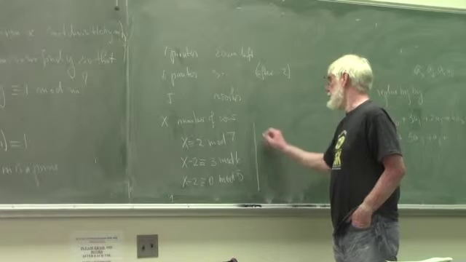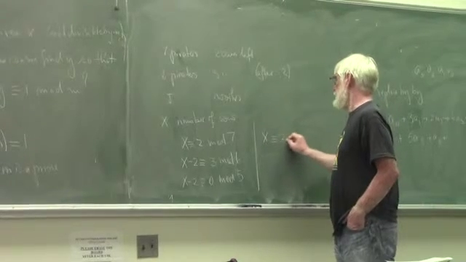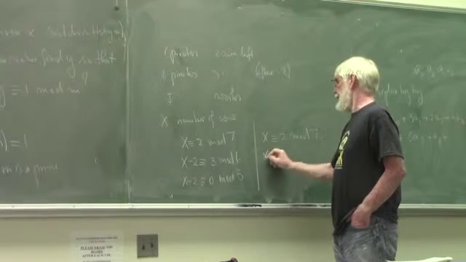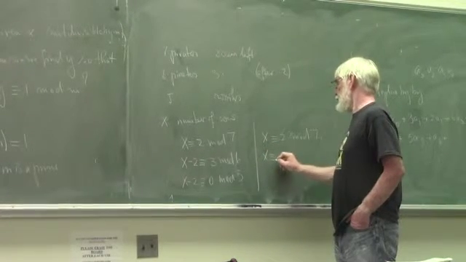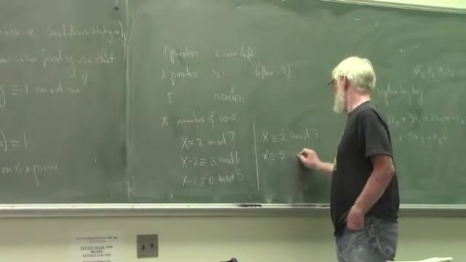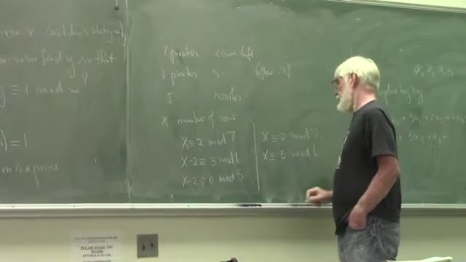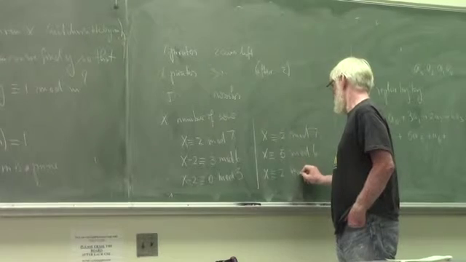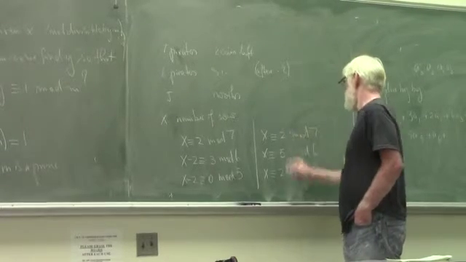So if you write this as X is congruent to 2 mod 7, X is congruent to 5 mod 6, and X is congruent to 2 mod 5.